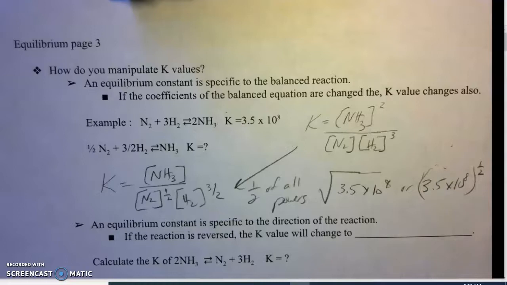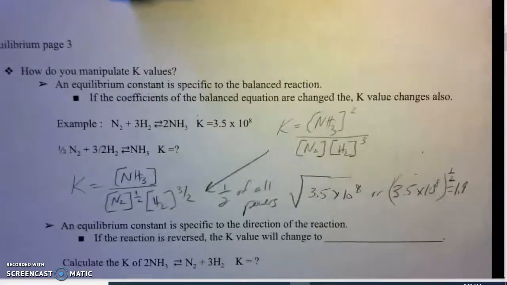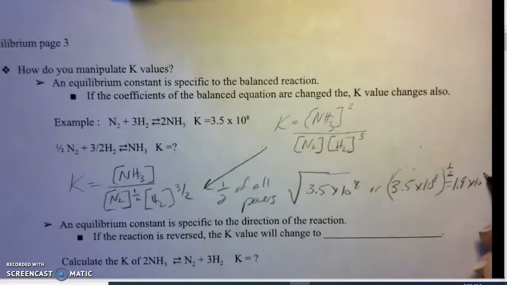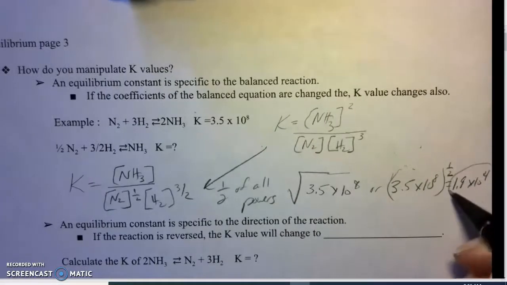You can do your square root key, or you can use your power key to do 0.5. Either way, you'll get 1.9 times 10 to the 4th as your answer.